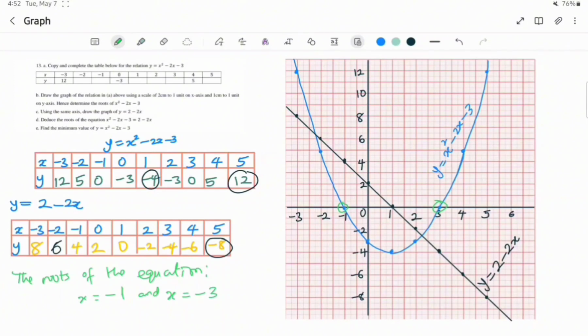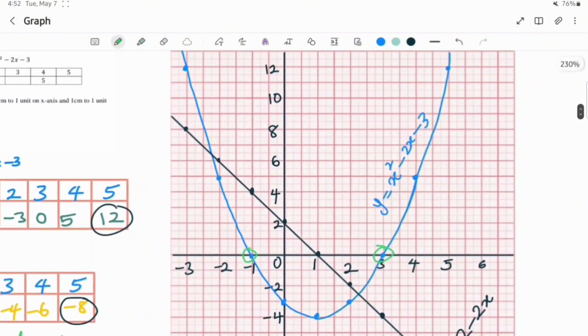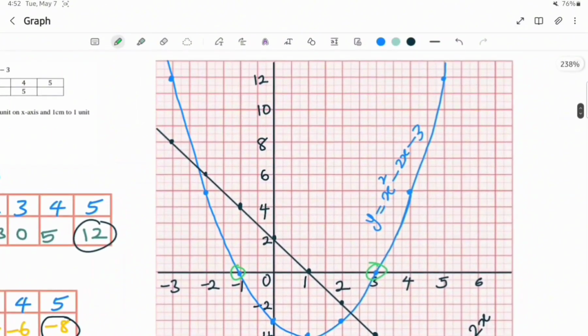And for D, we are asked to deduce the root of the equation x squared minus 2x minus 3 equals 2 minus 2x. That is, they are equating the quadratic graph to the linear graph. So simply the solution is going to be the points of intersection of the two graphs. So if you look closely, it is going to be this point right here, as well as this point right here.